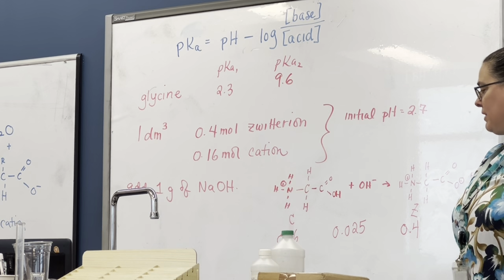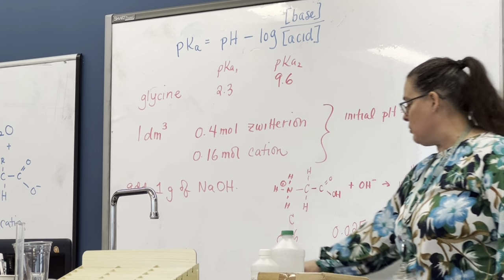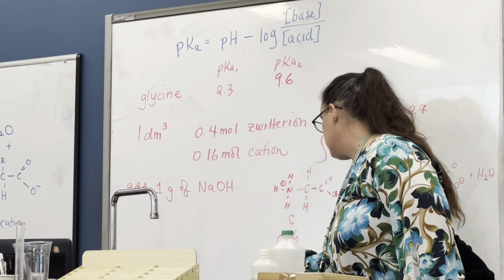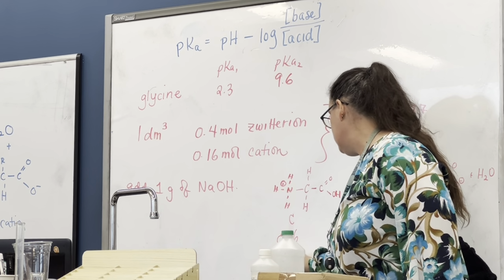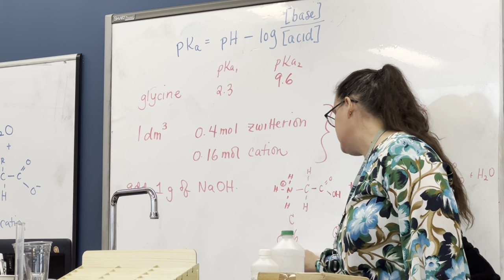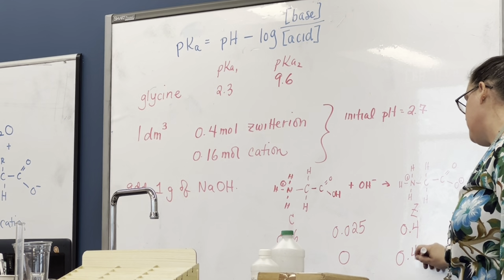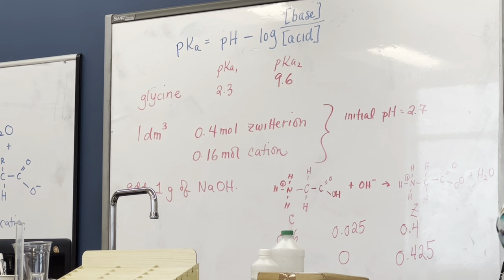And when all of it reacted, it would use up exactly that amount of the cation. So we would be at 0.135, and 0, and 0.425 as the moles.